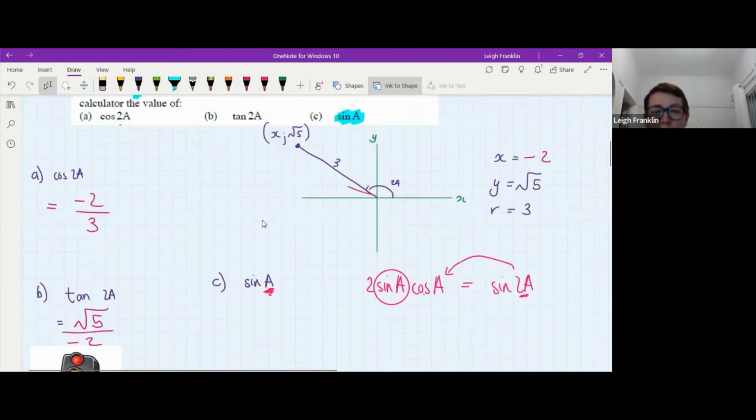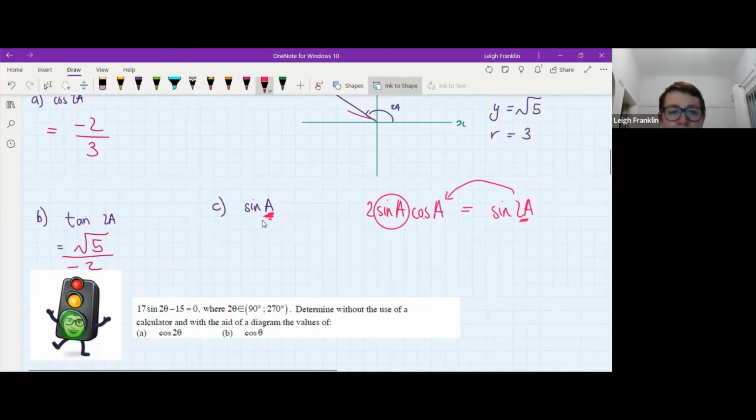You guys know that cos 2a is equal to 1 minus 2 sine squared a, right? We know what cos 2a is equal to in this case because we did it in part A. It's equal to minus 2 over 3.